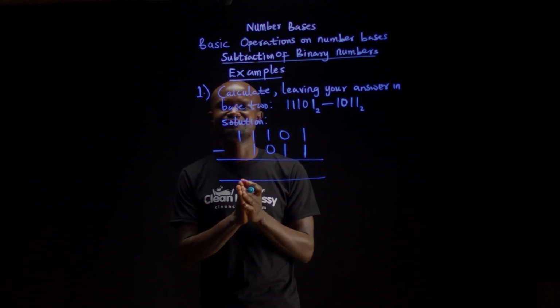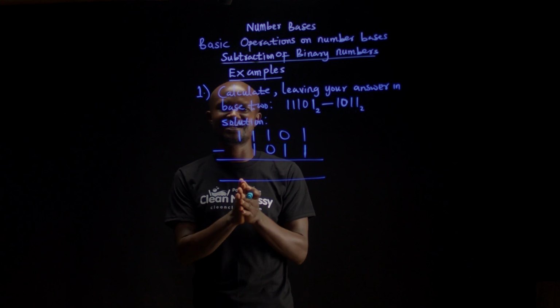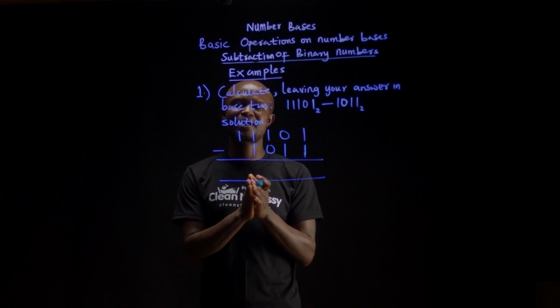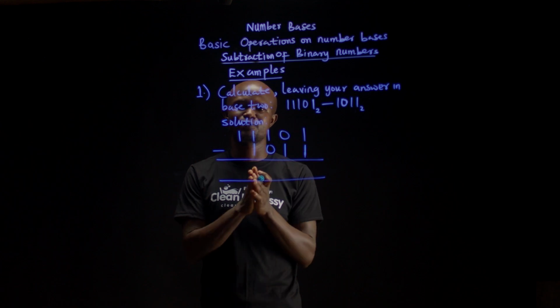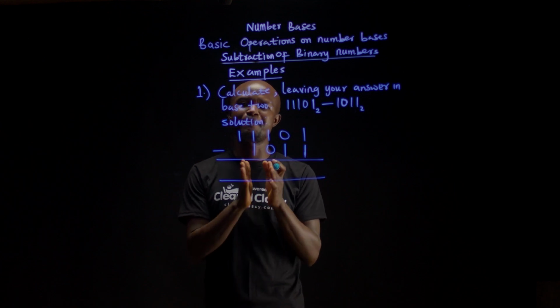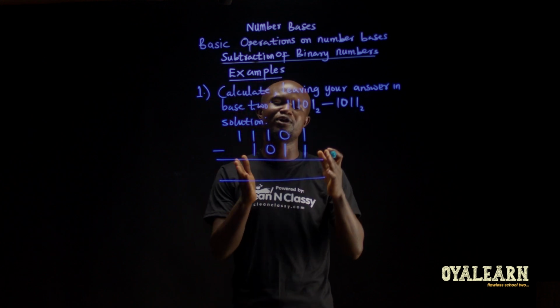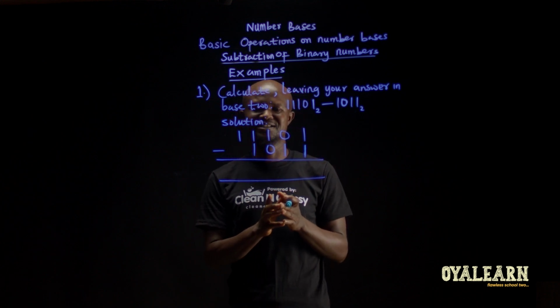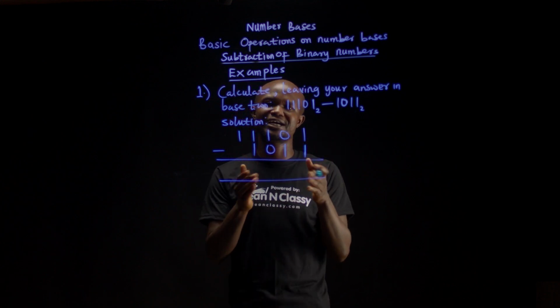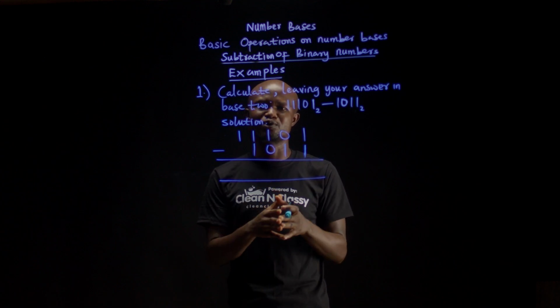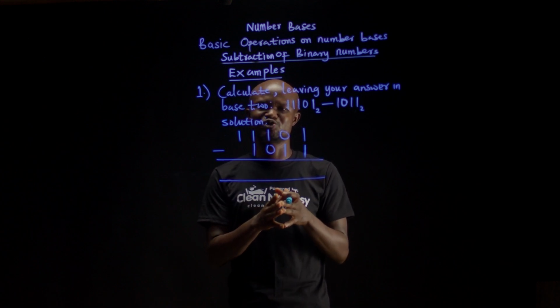When you are borrowing, once you borrow 1 under number base operation of subtraction, it means you are borrowing the base. Take note of that. Like in base 2 that we are dealing with, once you borrow 1 in base 2, you are borrowing the base, which is 2.